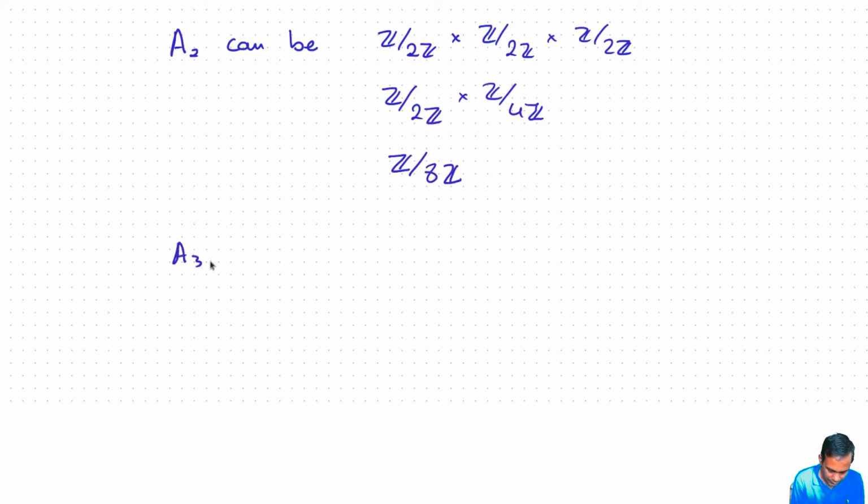Similarly, A3 can be Z mod 3Z cross Z mod 3Z, or Z mod 9Z. A5, there's only one possibility.